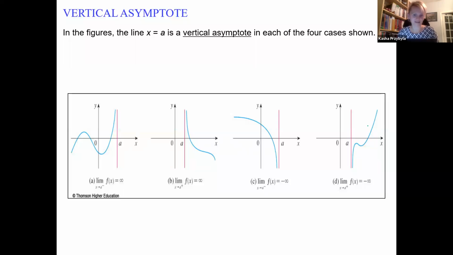And in the examples, we can see that even if we have one-sided limits of infinity, it's still a vertical asymptote. We don't have to know the situation on the other side.